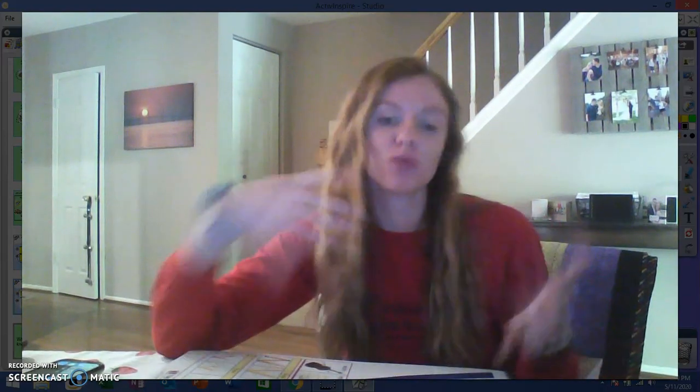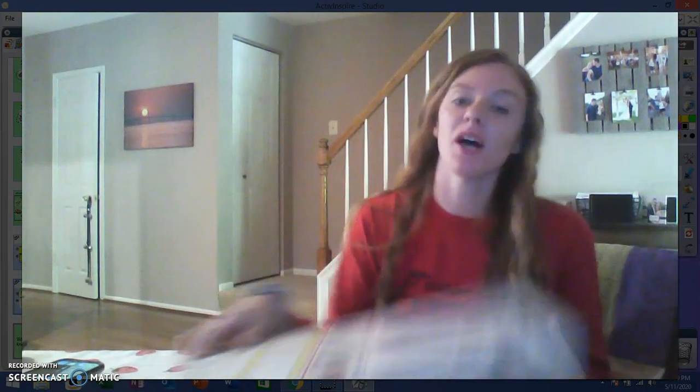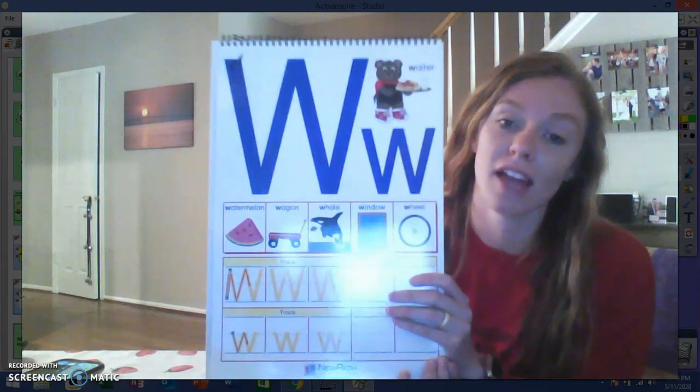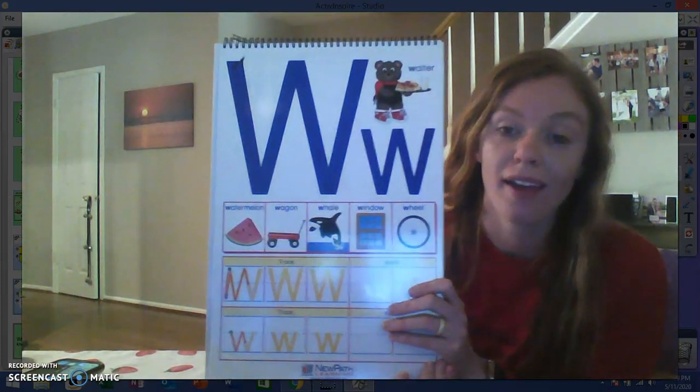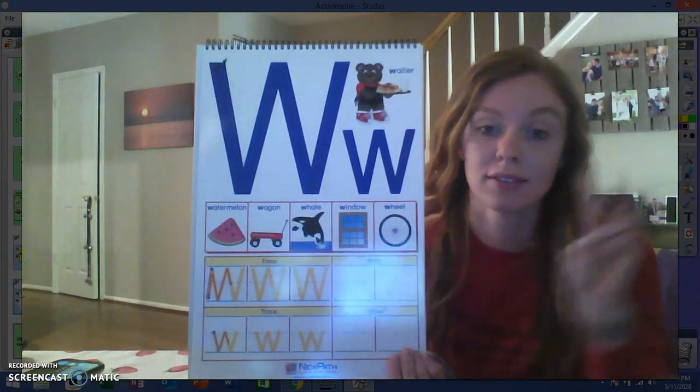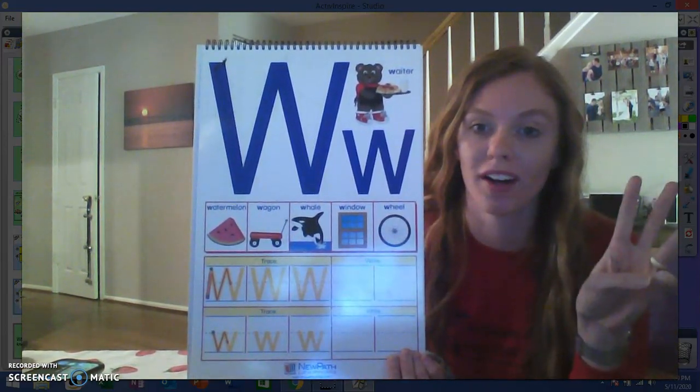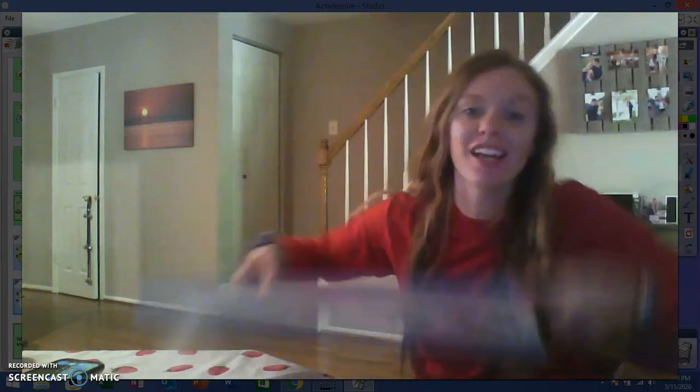Right, it's important to know about your letters because it helps us learn to read and to write. Awesome. So today we learned about the letter W, and the letter W says w. Awesome. Have fun exploring the letter W today.